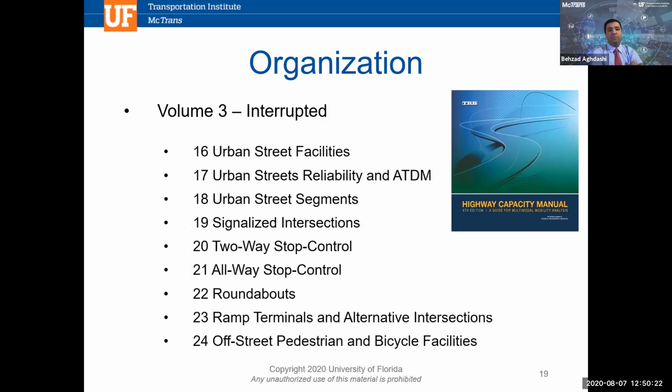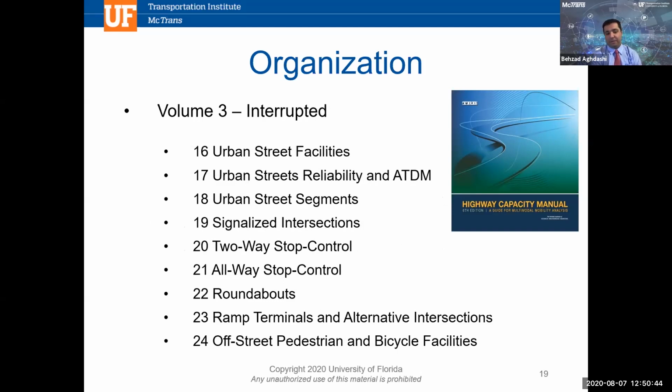Then in volume 3, we have chapters related to facilities where we see some sort of interruption in the traffic flow. Primarily it consists of urban streets facilities, and urban streets analysis in the form of travel time reliability or the whole year type of analysis.